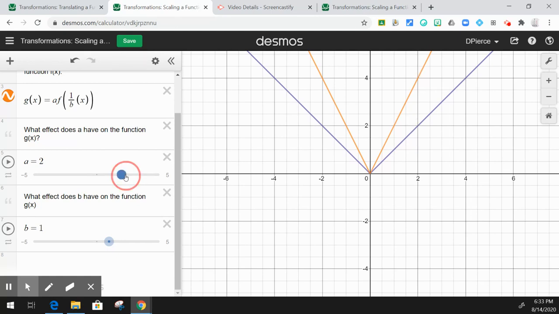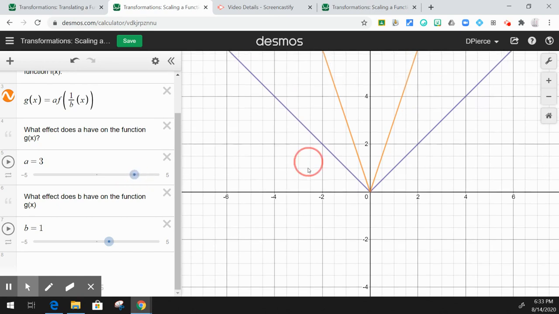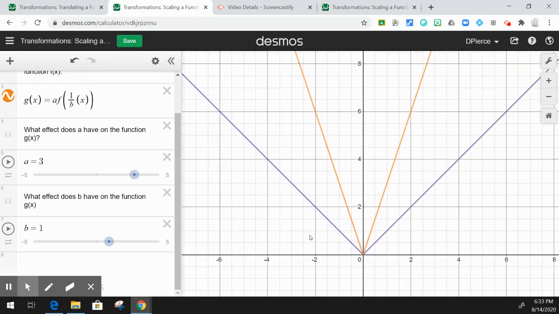So let's do one more here. If I go to 3, now I'm taking those y coordinates and tripling them. So instead of my y coordinate here being -1, now it's at -3. The points are moving farther away from the x-axis, and you'll notice the graph also is getting narrower.